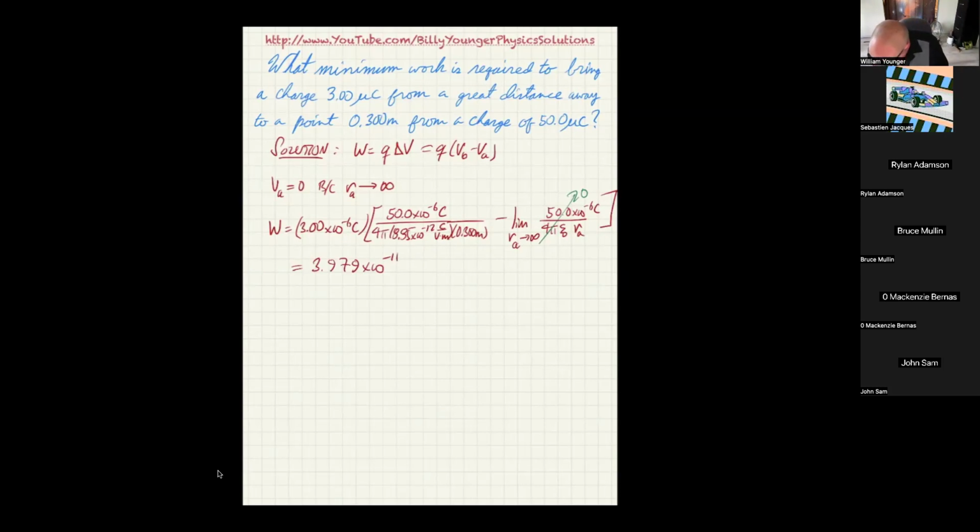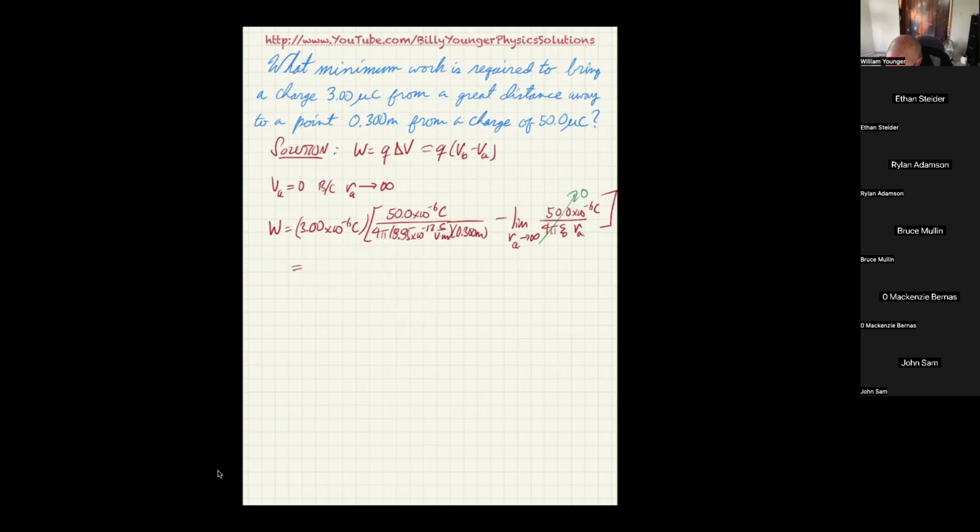Ooh, I forgot something. I forgot the 8.85. So let me clarify that. Hold on, everybody. So now I'm going to do 3e to the negative 6 times 50e to the negative 6 divided by parentheses 4 times 3.14159 times 8.85e to the negative 12 times 0.3 close parentheses.